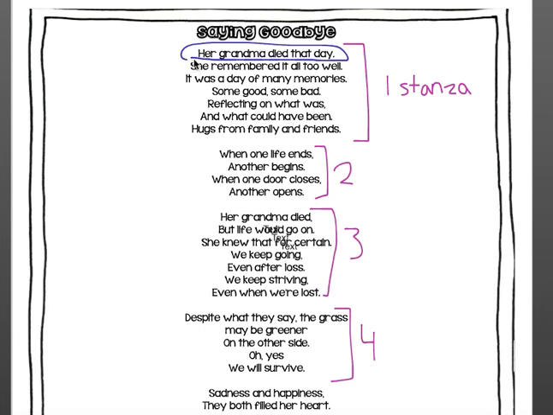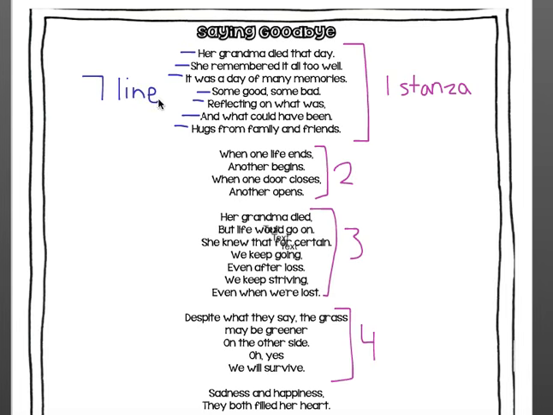It's words that stretch across one line. If I look at my first stanza, there's 1, 2, 3, 4, 5, 6, 7. So in my first stanza, I have 7 lines.